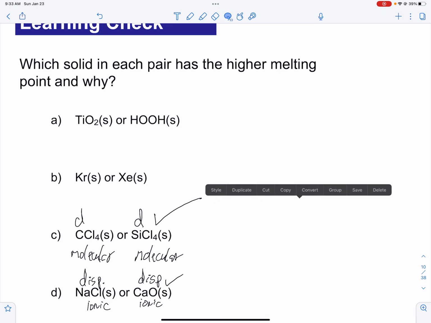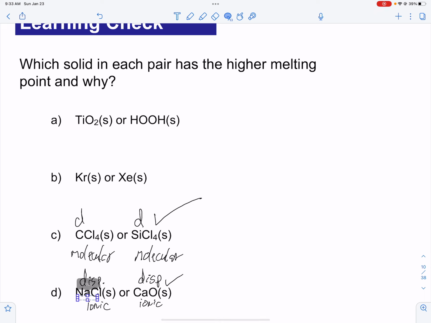However, we can find the electronegativities and we can see which one would show a bigger difference in electronegativity. That one should be the one with the stronger attractions. And that one will give you the one with the higher melting point.